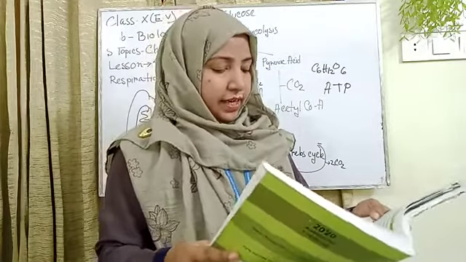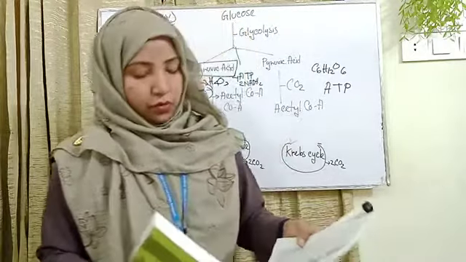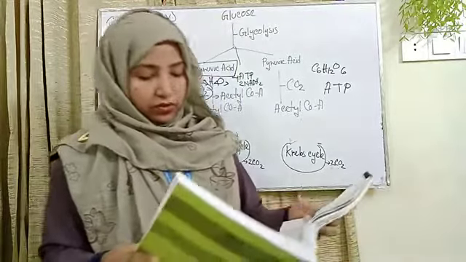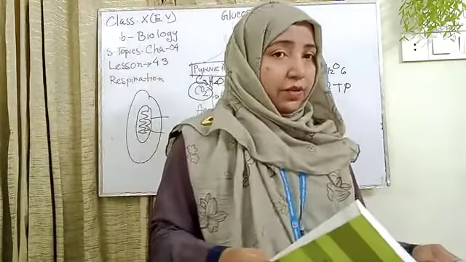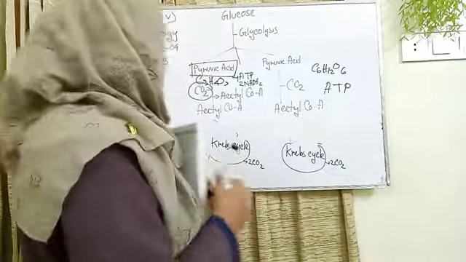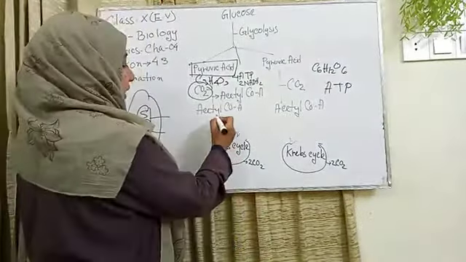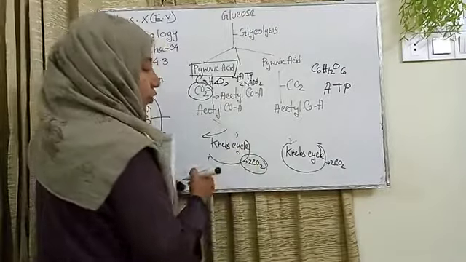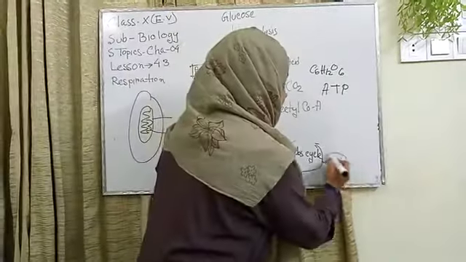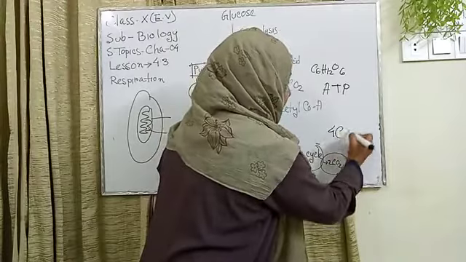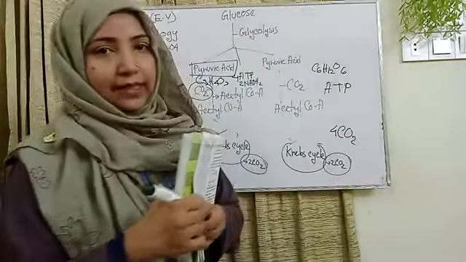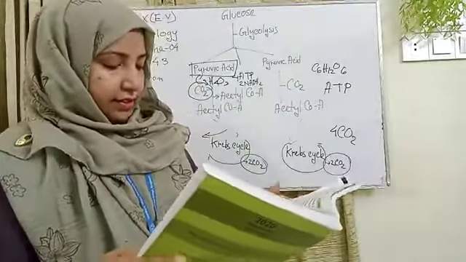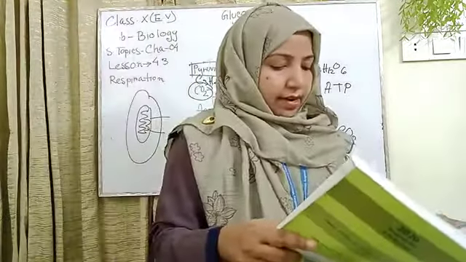In the Krebs cycle, 2-carbon acetyl-CoA is oxidized to produce two molecules of carbon dioxide. Here 2 carbon dioxide is released from the acetyl-CoA in the Krebs cycle. Next, the Krebs cycle was discovered by Sir Hans Krebs.